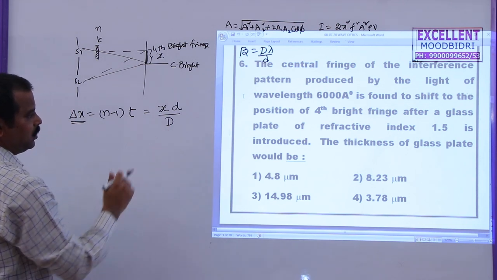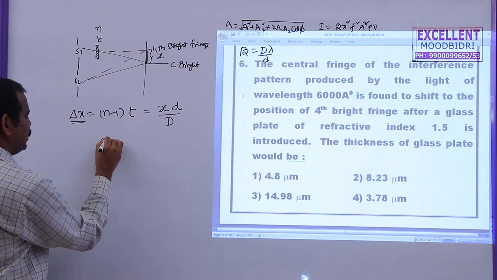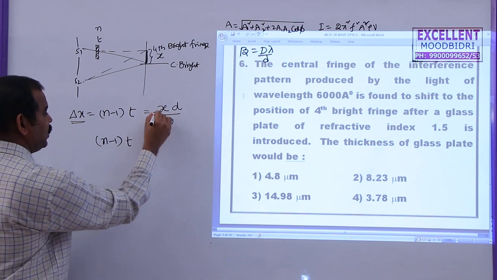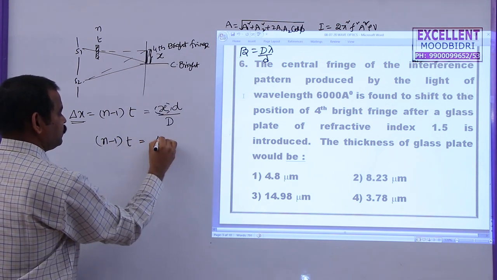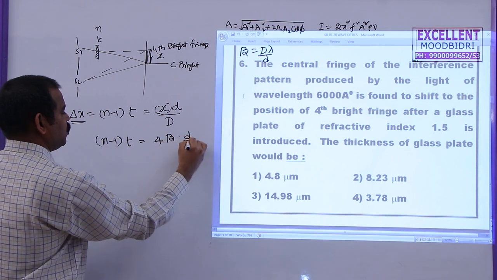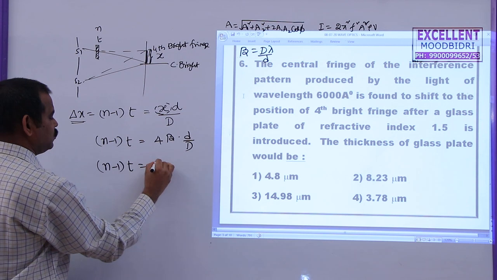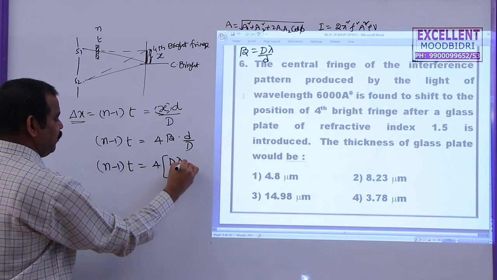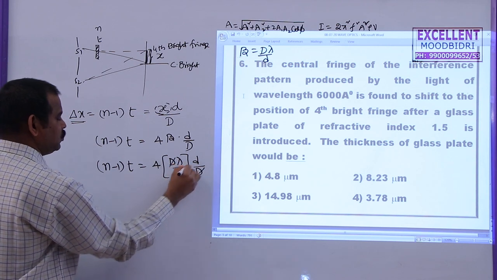Now, what are these values? Here it is found that this n minus 1 T, and this shift is 4 bright fringes. So, X can be written as 4 beta into small d by capital D. So, n minus 1 into T is equal to 4 into capital D lambda by small d, into small d by capital D, these two get cancelled.